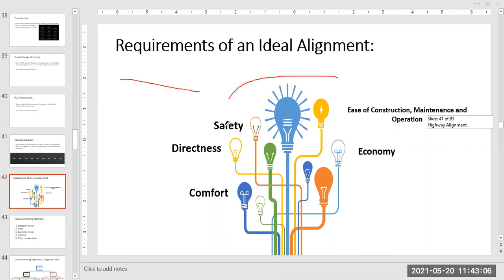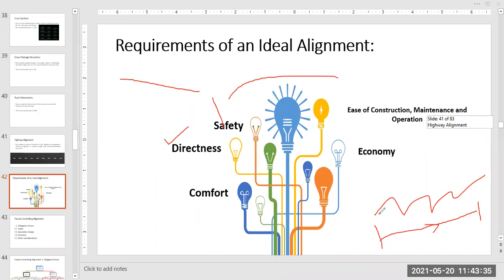So our alignment should focus on safety first, and next it should be as direct as it can. For example, rather than going from A to B like this, we can go like this. This is a direct route. Most drivers prefer the direct route rather than all these undulations or deviations. So the alignment of a road should be direct.